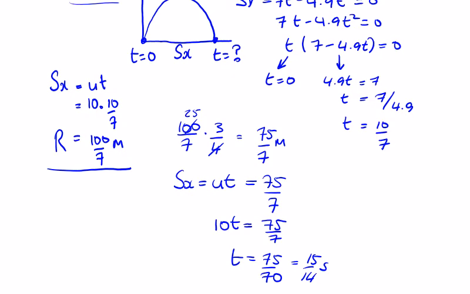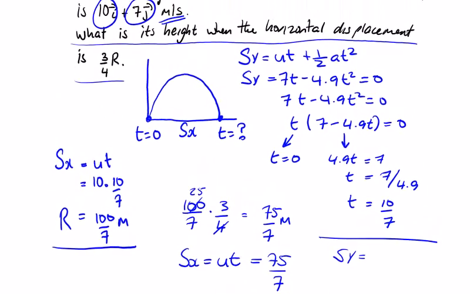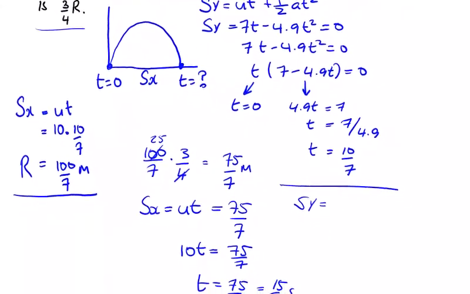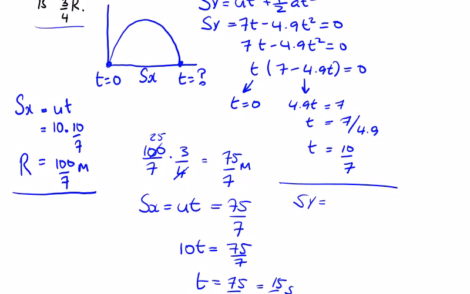We want s in y at this time. So here, the displacement in y is equal to, the u in y was 7 again, wasn't it? And we have it up here, 7t minus 4.9t squared.